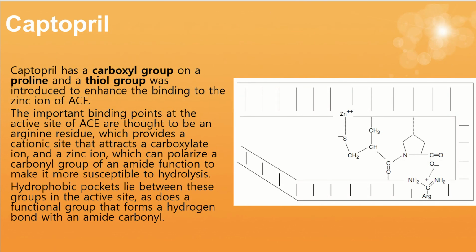All right, so Captopril. Captopril has a carboxyl group, as we saw when we identified functional groups, on a proline, and a thiol group was introduced to enhance the binding to the zinc ion of ACE.